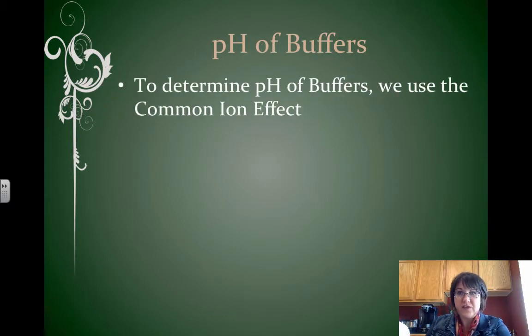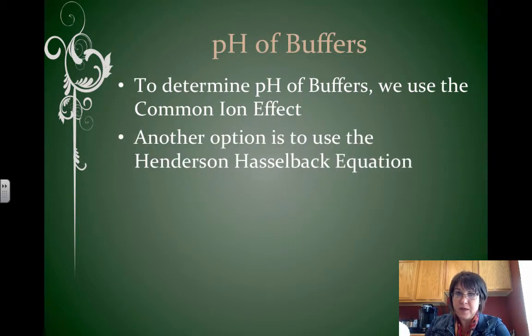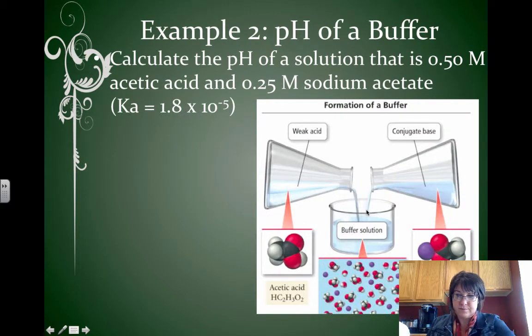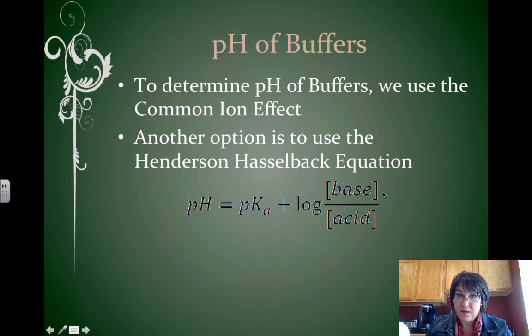To determine the pH of buffers, we simply use the common ion effect like we would in a normal RICE table for equilibrium. But another option we have is to use what's called the Henderson-Hasselbalch equation. The Henderson-Hasselbalch equation equates the pH to the pKa of the acid plus the log of the conjugate base and your weak acid in your solution.